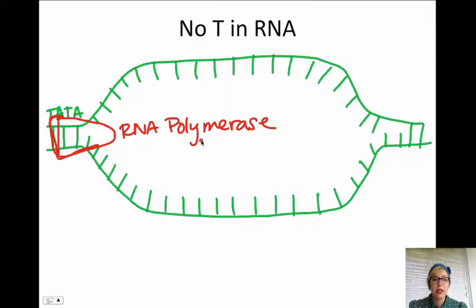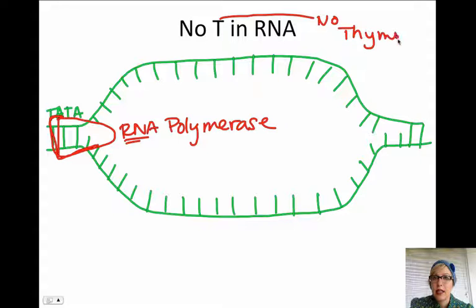And in transcription, yes, we are making a copy of one side of the strand of DNA. However, that copy is a little bit different because in RNA, we don't have any thymine. So when we say there's no T in RNA, there's no thymine, that nitrogenous base. Instead of thymine, we have a U, and that stands for uracil.